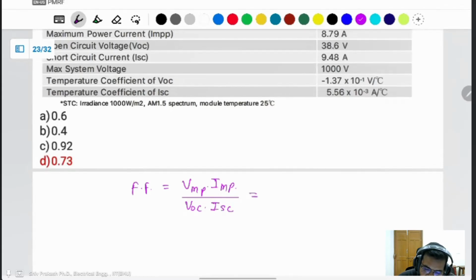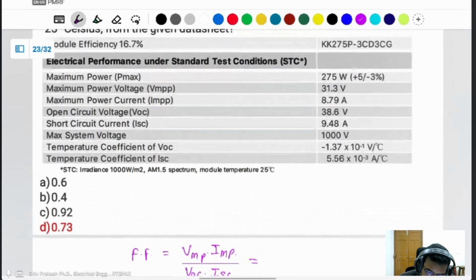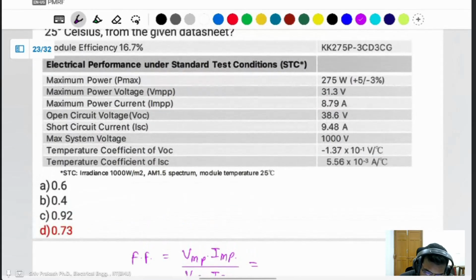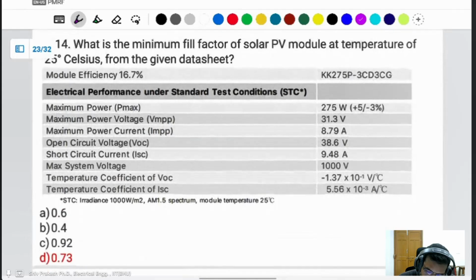Minimum, and under what condition is the output voltage minimum? The given temperature is 25 degrees centigrade.